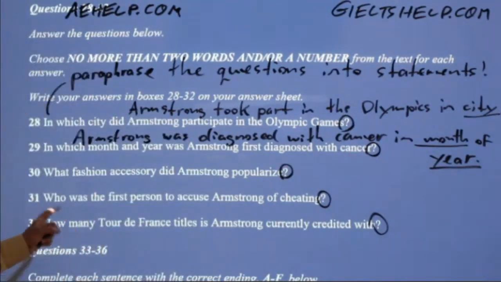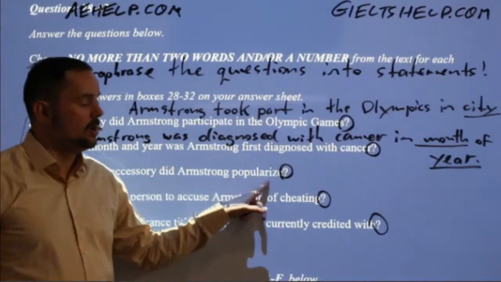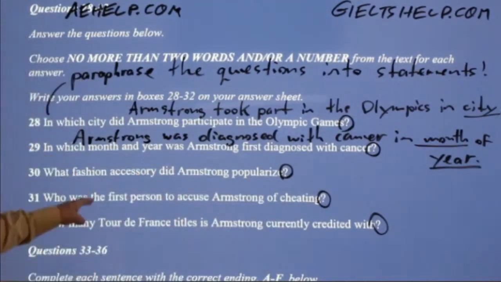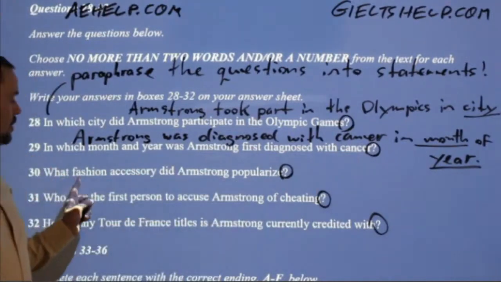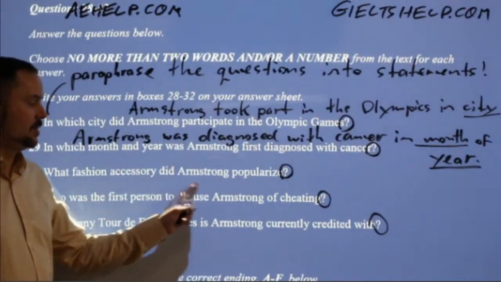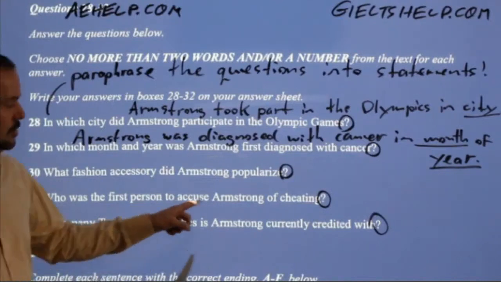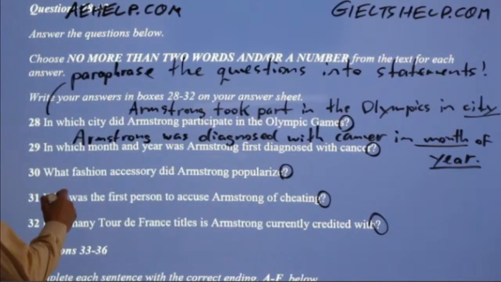Okay, do this one for me, members. What fashion accessory did Armstrong popularize? Try that one. So paraphrase it and make it into a statement. So what fashion accessory did Armstrong popularize? I'm going to do this next one for us. So who was the first person to accuse Armstrong of cheating? Okay.